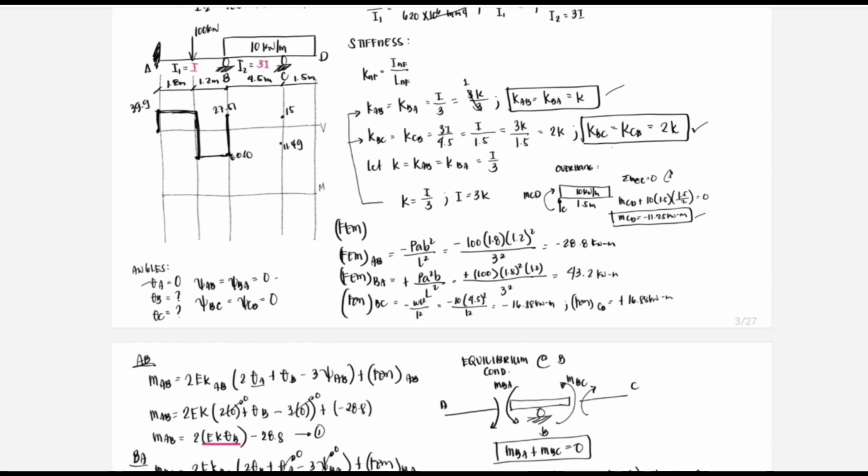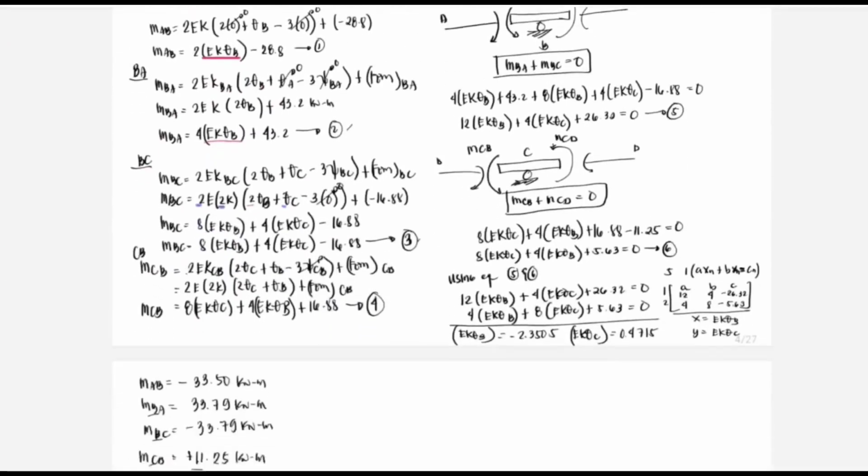Ayan. Next, since this is 10, tapos ito 4.5, i-multiply mo. So, 10 times 4.5. Since yung loading na yan, pababa, yung 27.51, i-minus mo yung nakuha mo kanina, which is 45. So, ang answer natin dyan is 17.49.